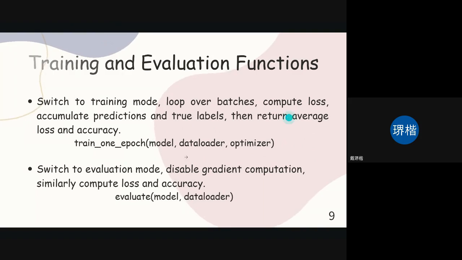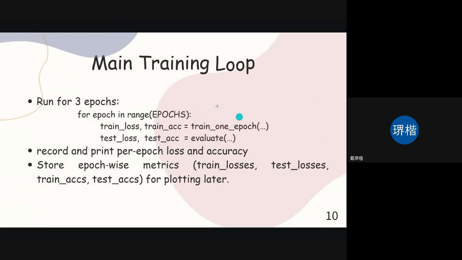And then when training, we run for 3 epochs. Then record and print per-epoch loss and accuracy, and store the epoch-wise metrics for plotting later. Okay. Next.